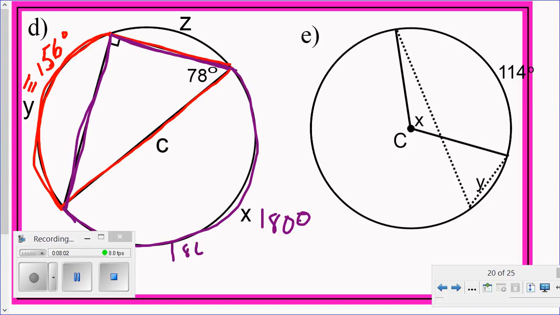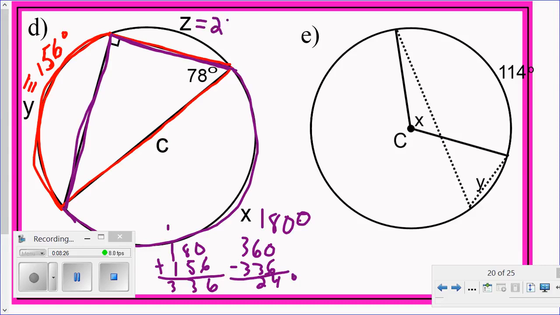So 180 and 156 added together gives me 336, and 360 minus 336 is 24 degrees. So that's one way to get Z.